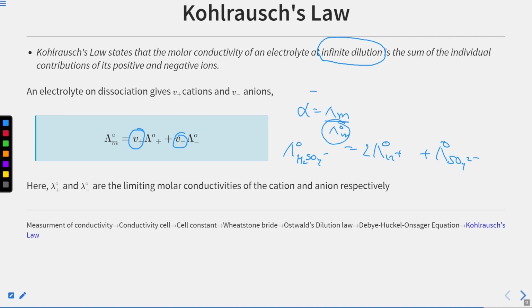Suppose you are given alpha, you are given lambda m. Students make the mistake of directly using this lambda m in this formula and trying to calculate using Kohlrausch law. So you will not do that. You have to put this lambda naught m like this. We'll put the values of both of these to get your lambda naught m, and then you will use that value to calculate our overall molar conductivity.